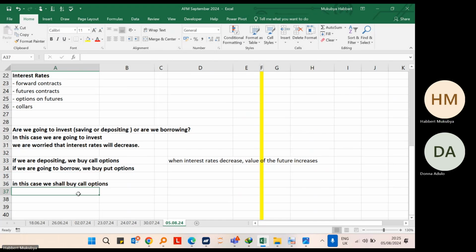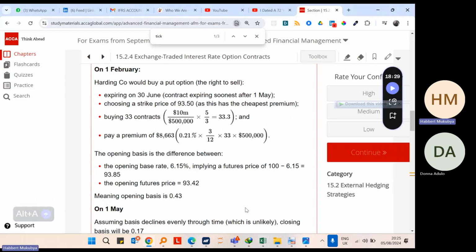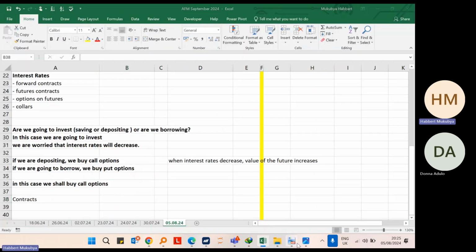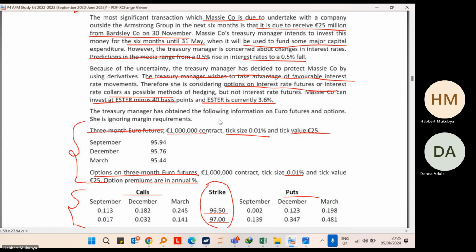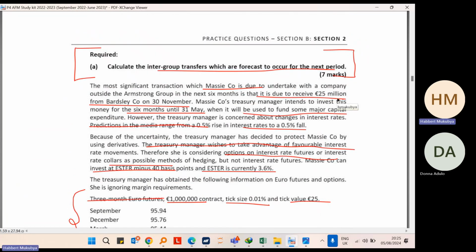Now, for the procedure, you normally need to know how many contracts you are going to need. If you look at the question, the contract is a 1 million euro contract, and we are going to receive 25 million euros.